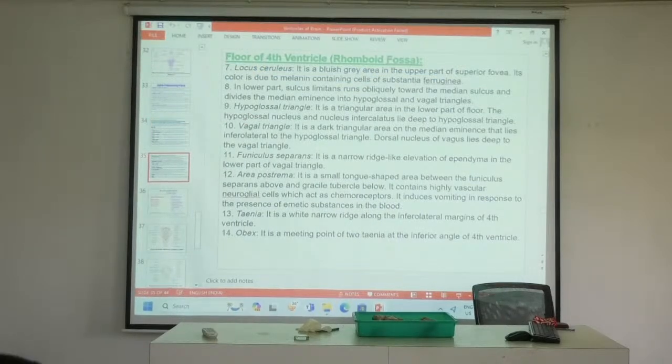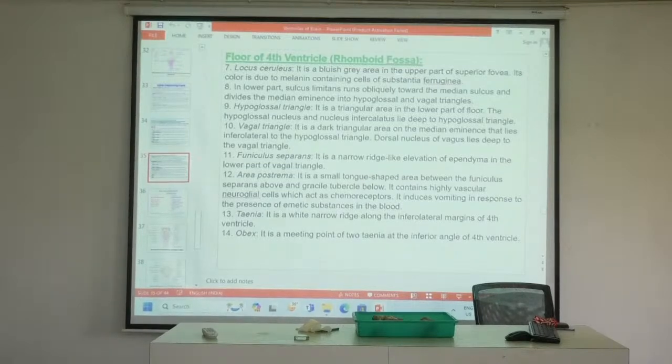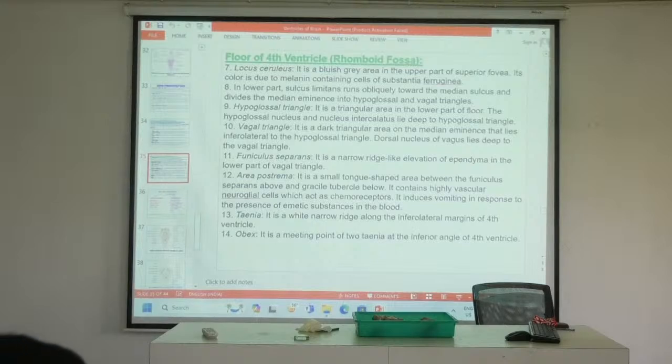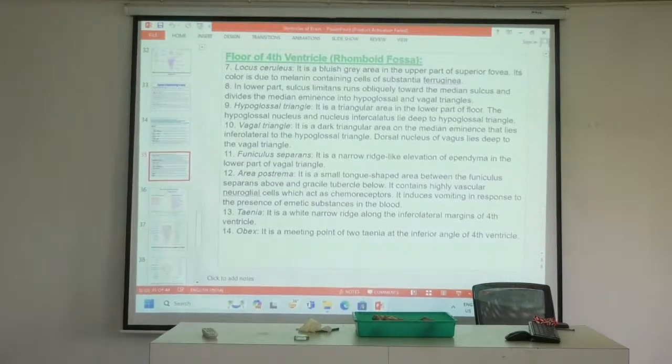Next is the locus ceruleus. It is a bluish grey area in the upper part of the superior fovea, and its color is due to melanin containing cells of the substantia ferruginea. In the lower part, the sulcus limitans runs obliquely towards the median sulcus and divides the median eminence into hypoglossal and vagal triangles.